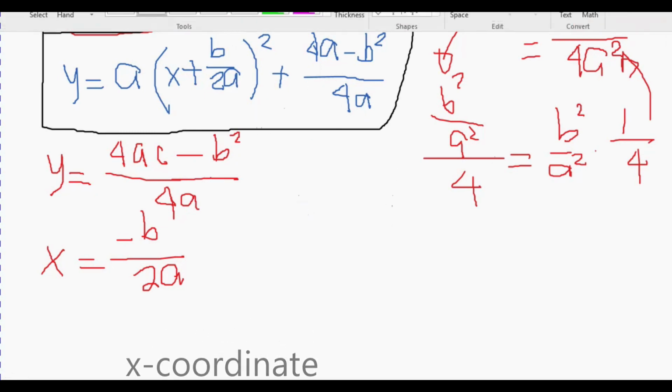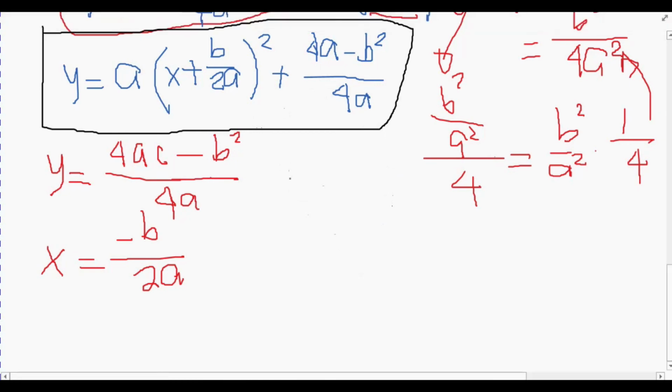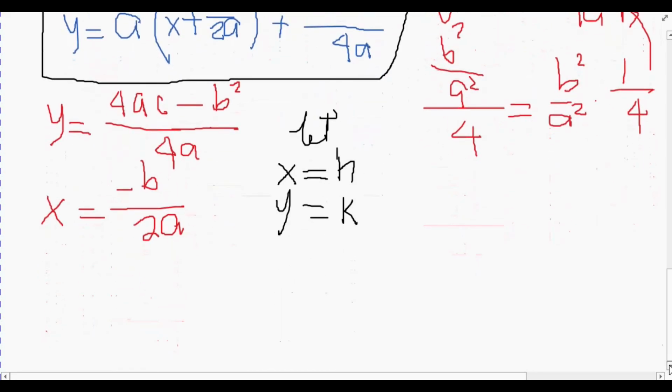Now we let x equal h, and y is k. So we are going now to simplify.